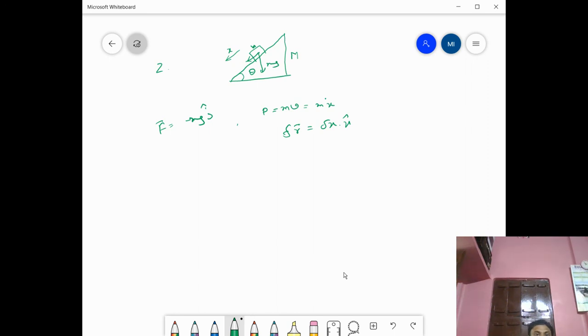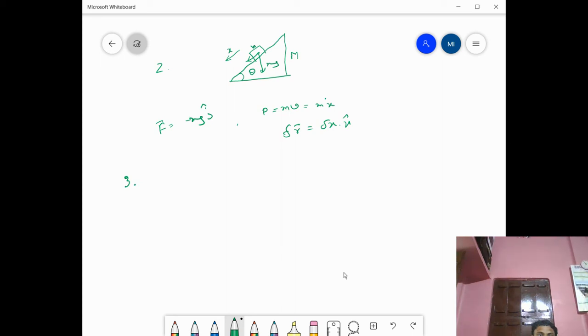Now apply D'Alembert's principle. There will also be a reaction force R, but you don't have to consider that because the displacement is perpendicular to it. So we apply D'Alembert's principle and find the acceleration. You know the answer. But I am giving it a little bit of a twist.